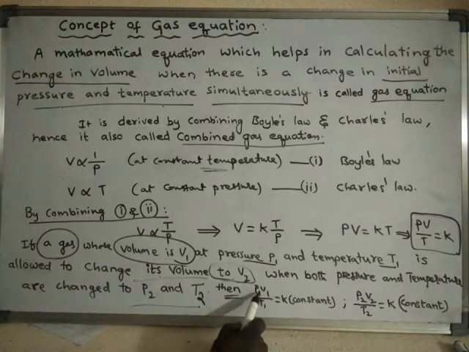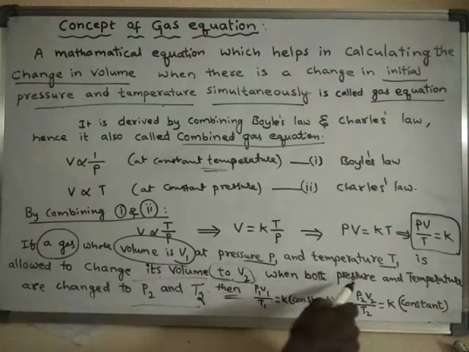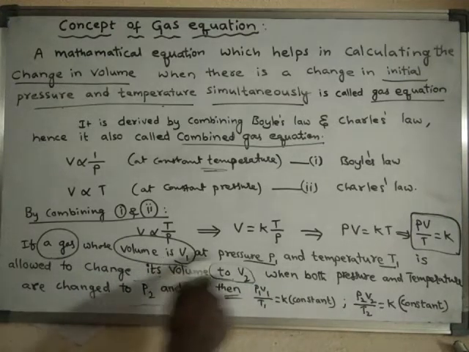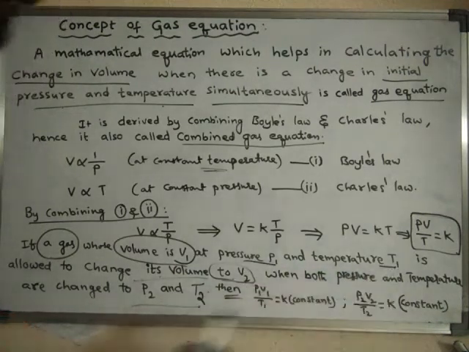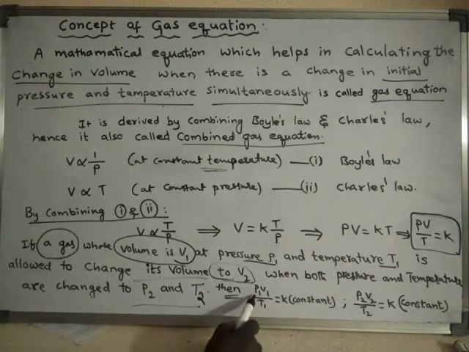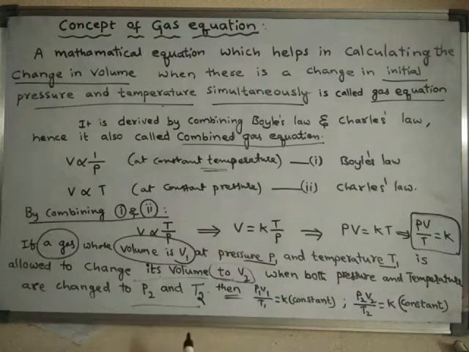The value P1 V1 by T1 represents the initial conditions of that gas. What are the initial conditions? Pressure is P1, temperature is T1, and volume is V1. So the product of pressure into volume by temperature, P1 V1 by T1, is constant.